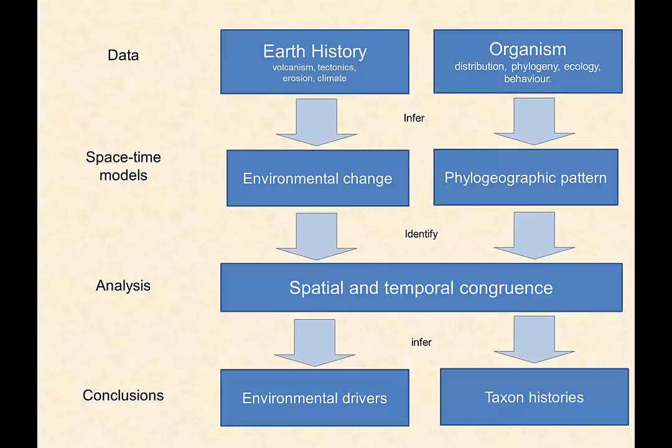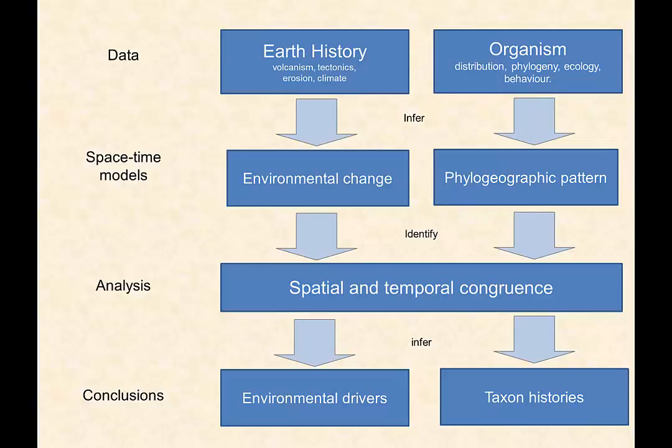I should also say river channels and basins and things like that in the past, lakes. We've got information on the organisms that live across this landscape, where they're found, how they're related to each other, what ecological preferences they have, and, as I said, their sex lives, their behavior.